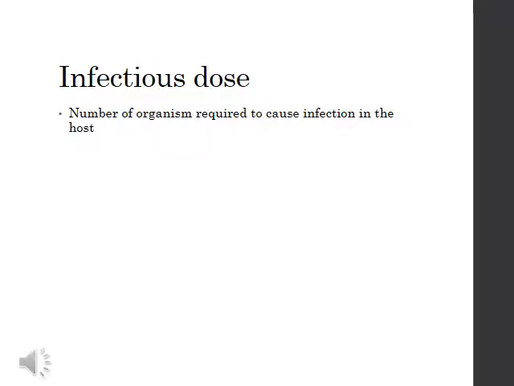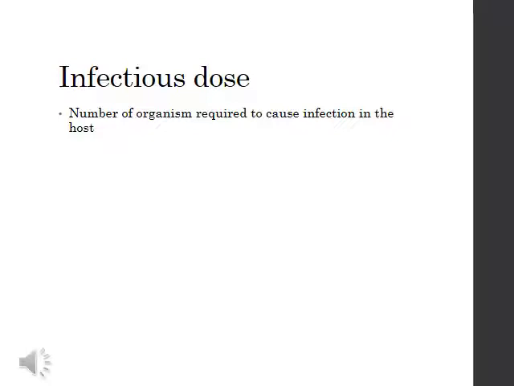Another thing is infectious dose, the number of organisms required to cause infection in the host. In lethal dose, the minimum number of organisms is required to kill the host.